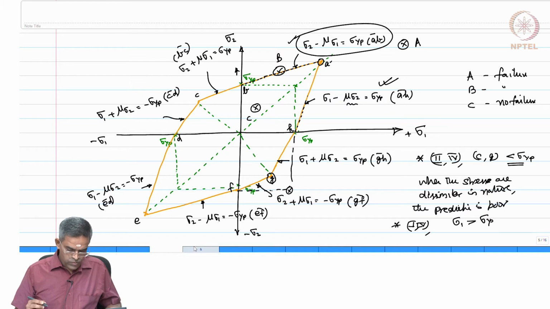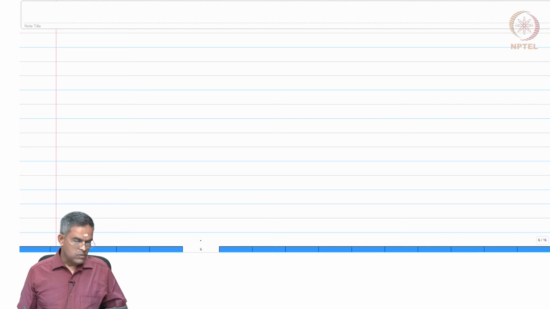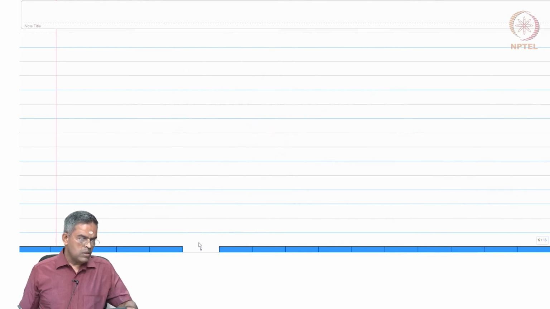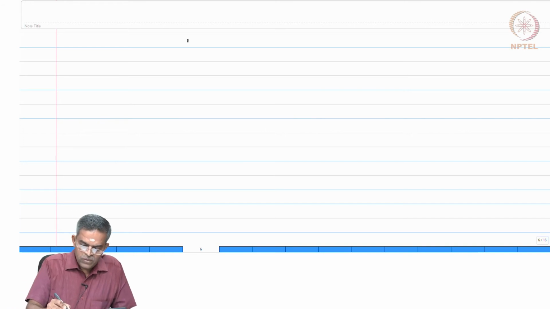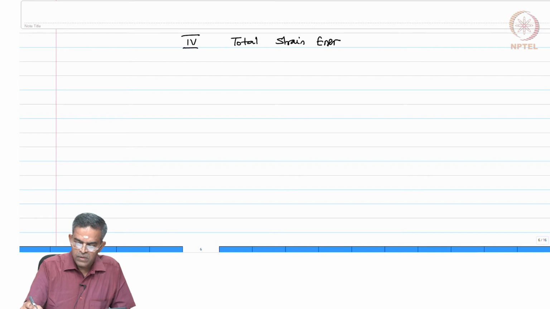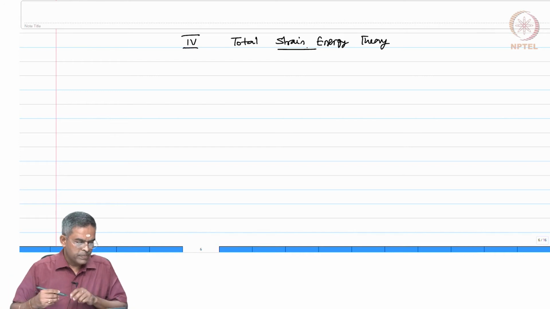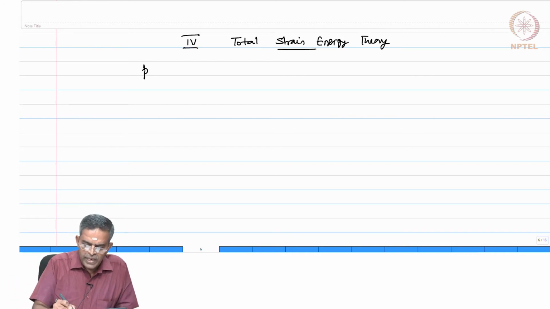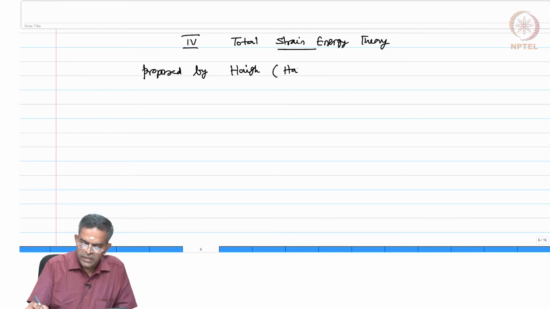So, let us move on to the next theory, which is total strain energy theory. So, now we are looking at the fourth theory, which is total strain energy theory. This theory was proposed by Haig. It is also called Haig's theory in the literature.